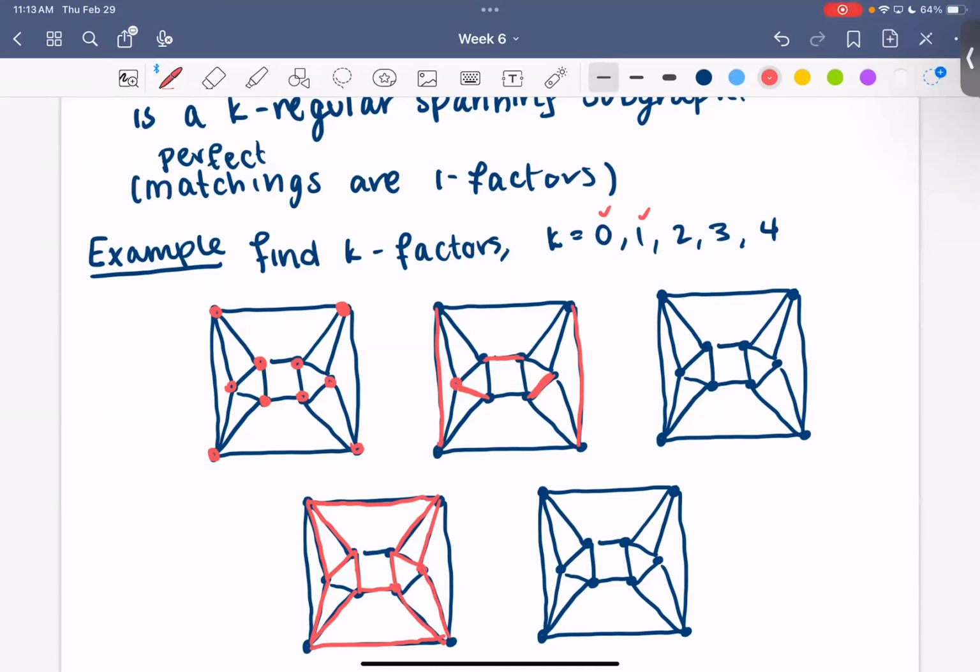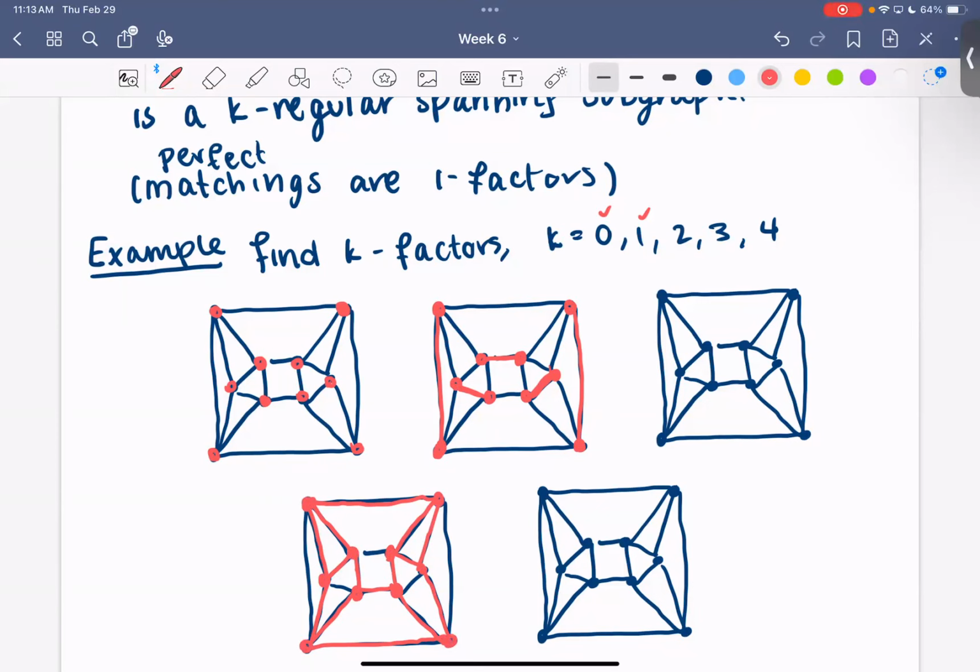Oh yeah, and of course I need to include the vertices here too. Okay, so that's our 3 factor.